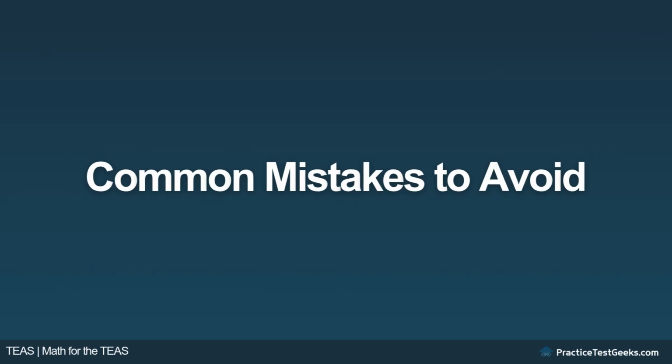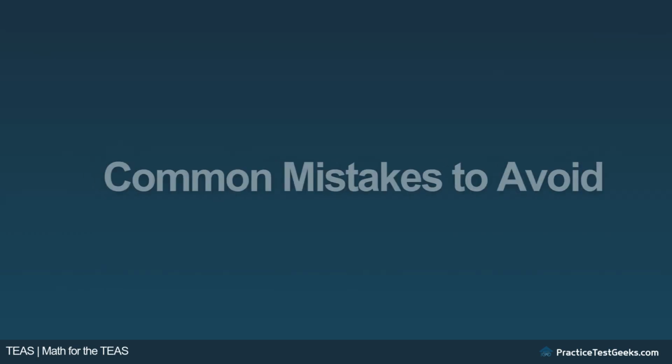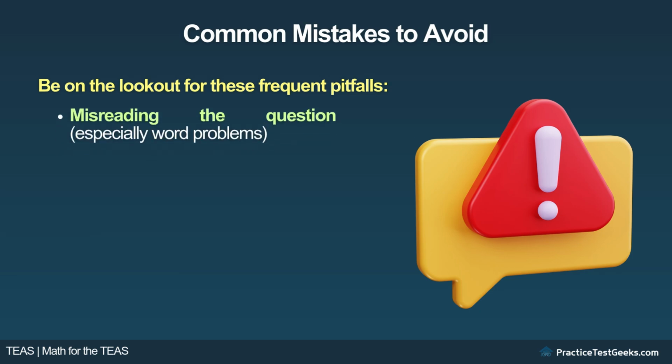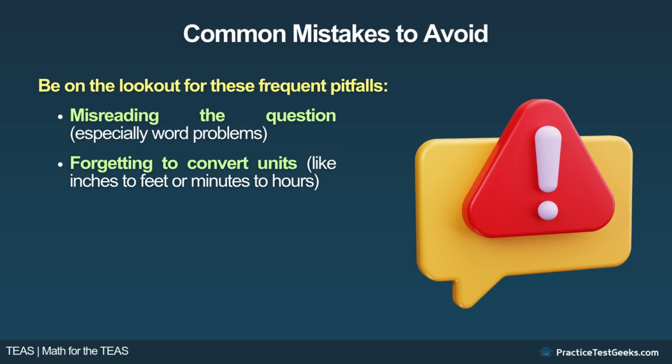Now let's cover some of the most common mistakes students make during the TEAS math section, so you can avoid them. First, misreading the question, especially word problems, can lead you down the wrong path. Always slow down and read carefully. Next, forgetting to convert units, like inches to feet or minutes to hours, can throw off your entire answer.